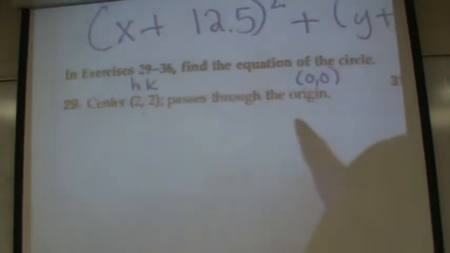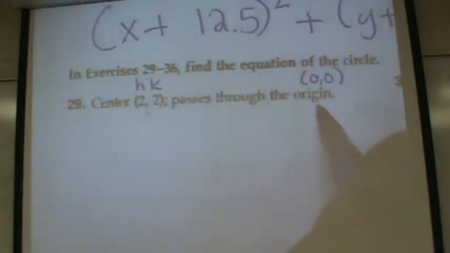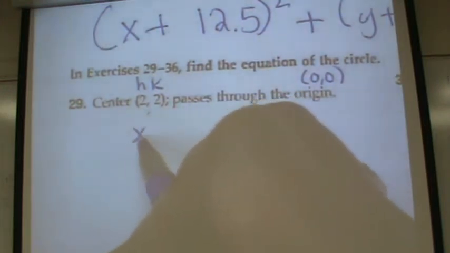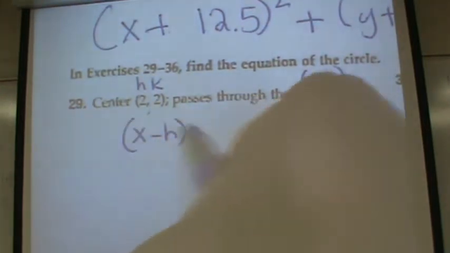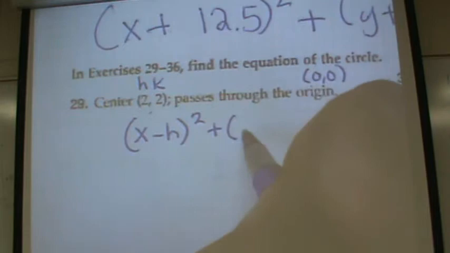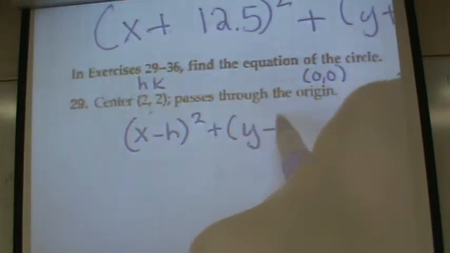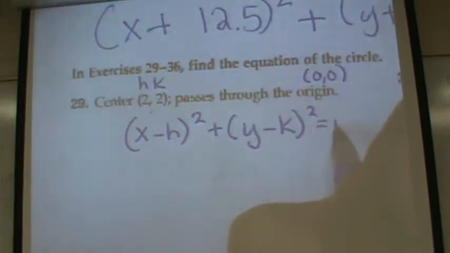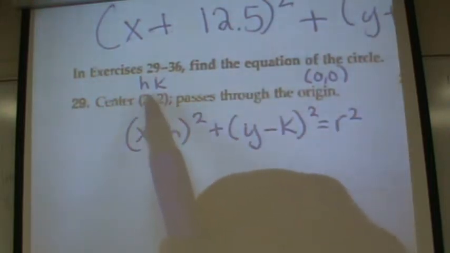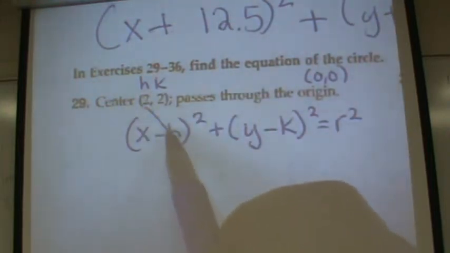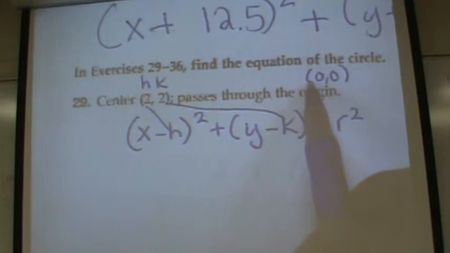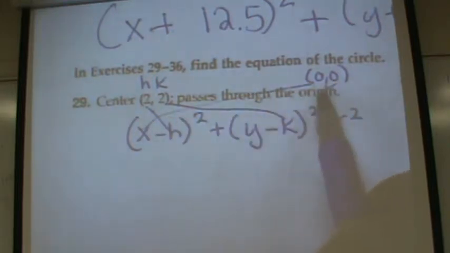Now, when they ask you to write the equation and they don't give you the radius squared, I think the easiest thing to do is go into this form. Where does the h and the k go? Here, in here. Where does the 0, 0 go? X and y.